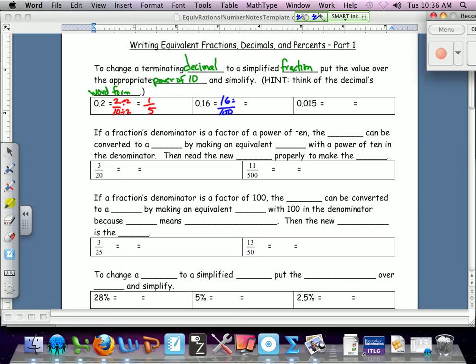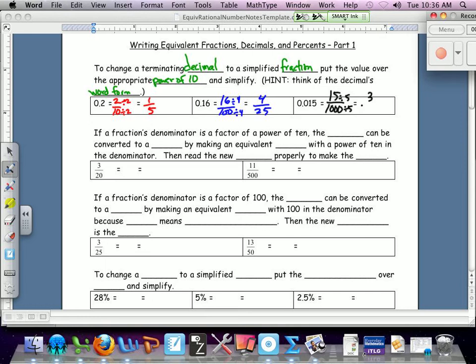The next one has 0.16, read properly, that's 16 hundredths, tenths, hundredths place. So then I simplify this by dividing by 4 on the top and the bottom, and I get 4/25. And then the last example here is 15 over tenths, hundredths, thousandths.